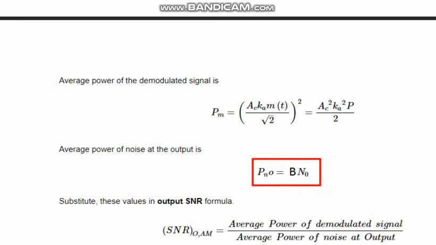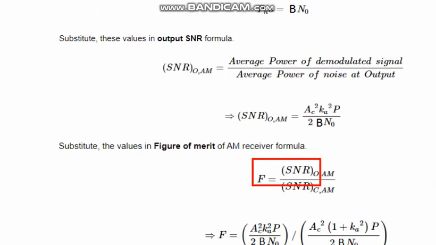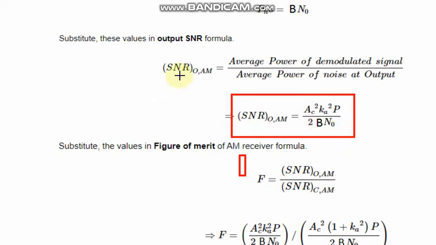Now if we put the average power of the demodulated signal and the average noise power in this formula, we get the average power of demodulated signal by the average power of noise at the output, which is Ac squared K squared P by 2 Bn0.